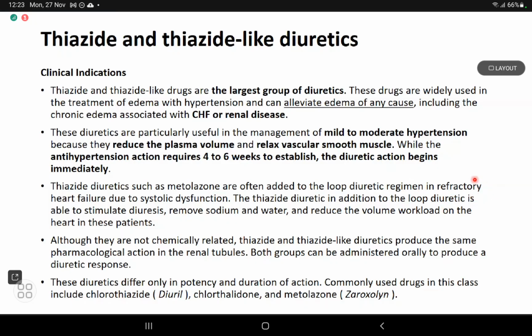Okay, refractory reaction means resistant reactions. So there are a few commonly used drugs that belong to this group. They are chlorothiazide, chlorthalidone, and metolazone.